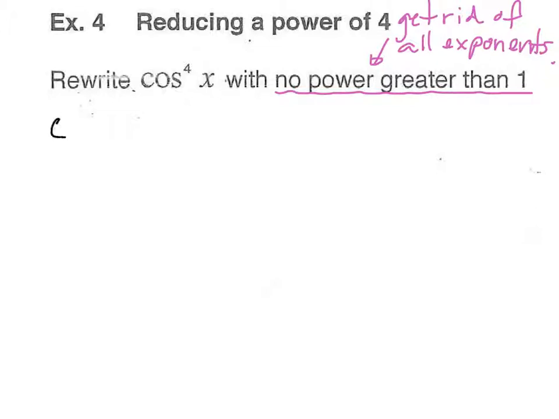So I'm going to take the cosine to the fourth of x, and I'm going to start substituting. It's an expression. So I have nothing to the fourth that I can substitute in for that. And when I do substitute, I'm trying to substitute in things that are going to not create powers, or at least reduce the power of the fourth to a smaller power, and then I can keep reducing to a smaller power. Is there any way, what do I have right now that I could substitute in for?